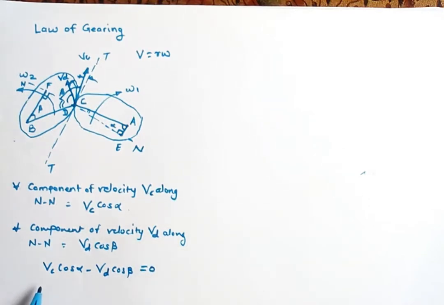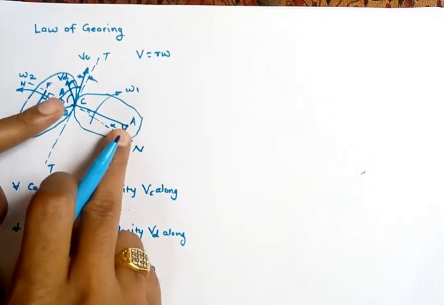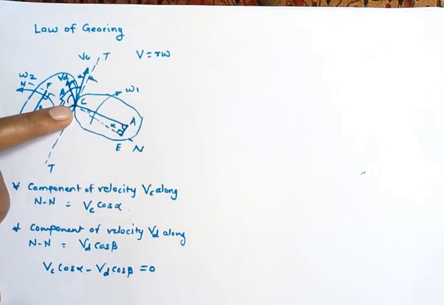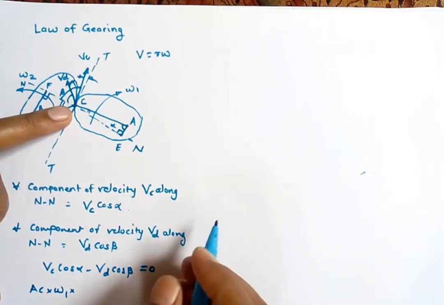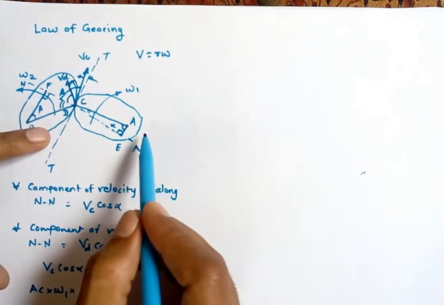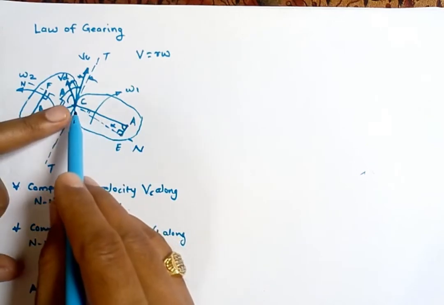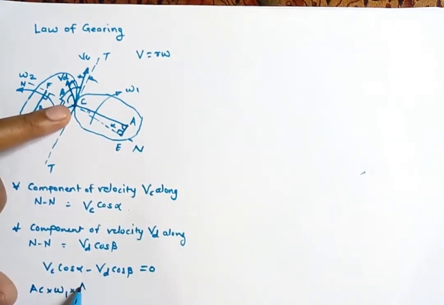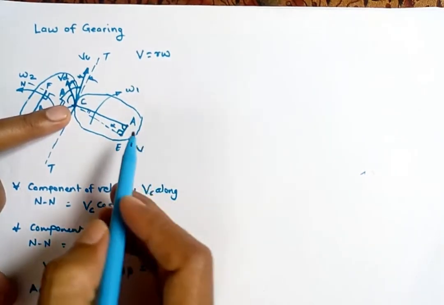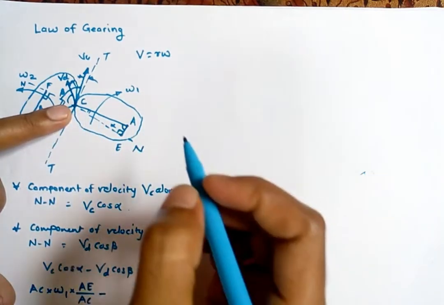So what is Vc? We have already discussed, it is r omega, which means the distance AC into its angular velocity, AC into omega 1, into cos alpha from the triangle CAE. Cos alpha is adjacent side upon hypotenuse, so adjacent side AE upon hypotenuse AC, minus Vd.